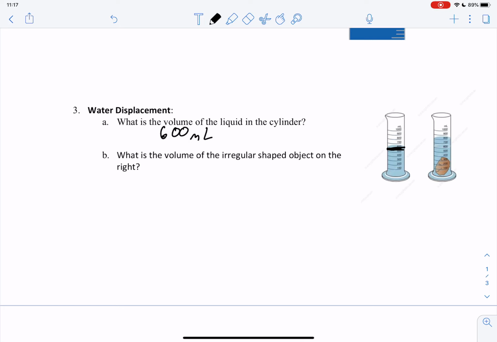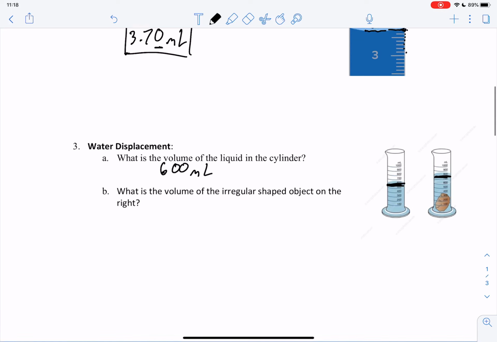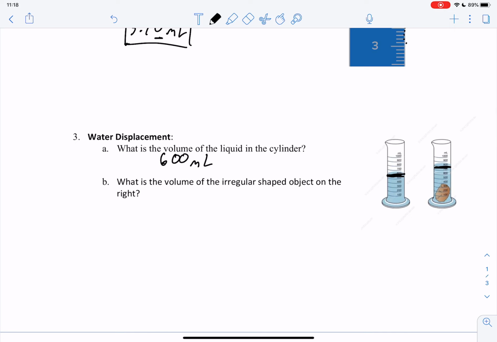As soon as you put the solid in, it jumps up to 800. Does that mean there's 800 milliliters of water in the graduated cylinder? No. It means whatever you added is 200 milliliters, or in this case, 200 centimeters cubed, because for solid objects we generally use centimeters cubed for their volume.